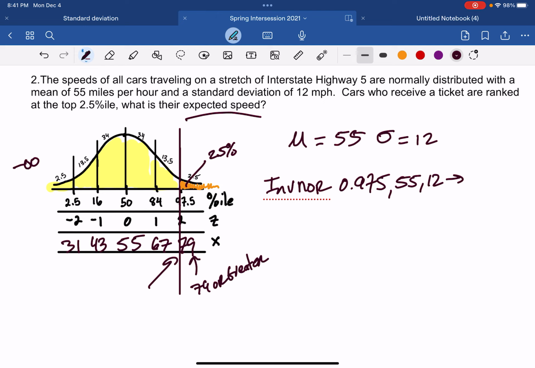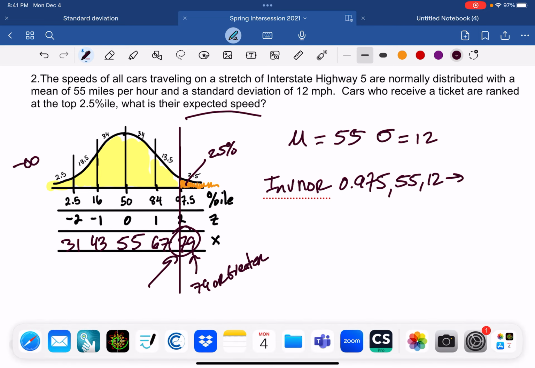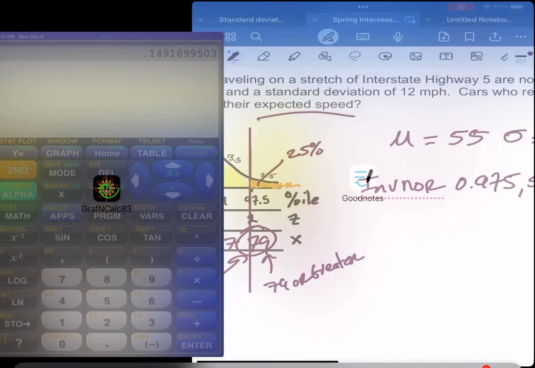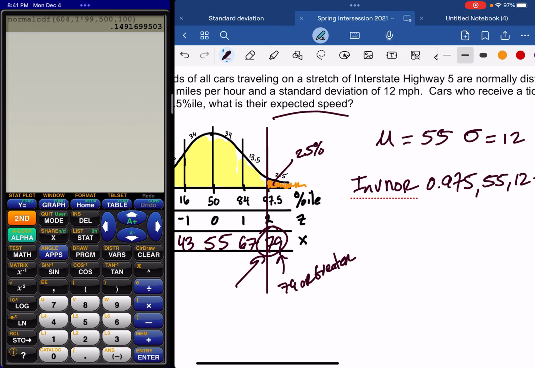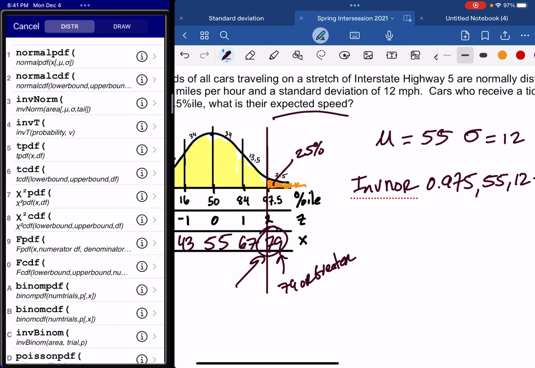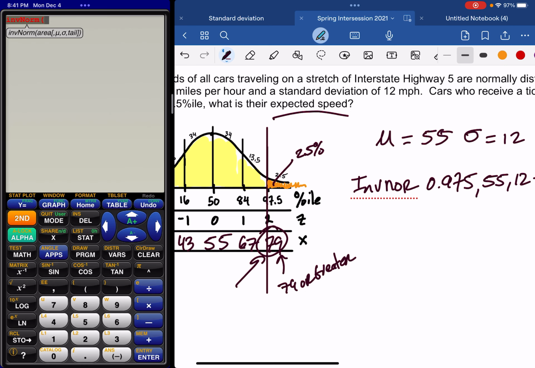It does the reverse of the normal CDF, and it's going to show us a value very close to 79. So we're going to go here and try this. I'm going to clear, second, bars. Inverse normal is number 3.